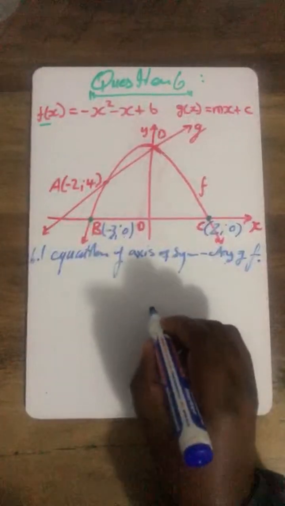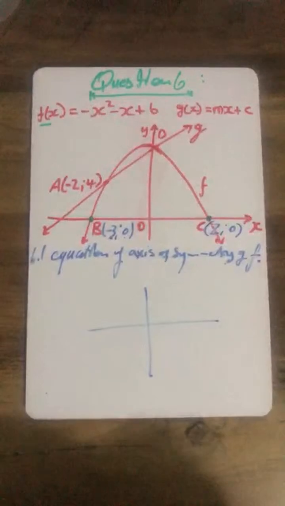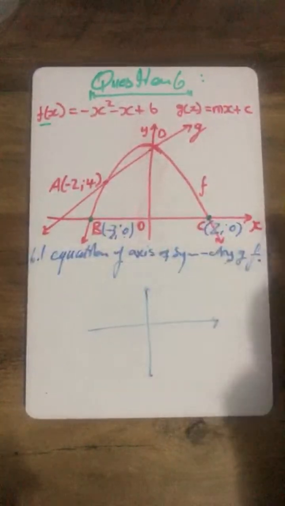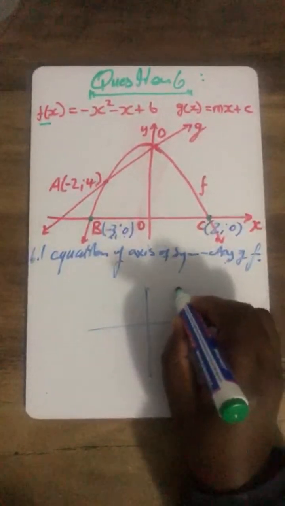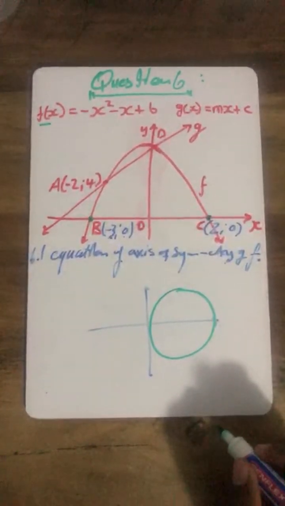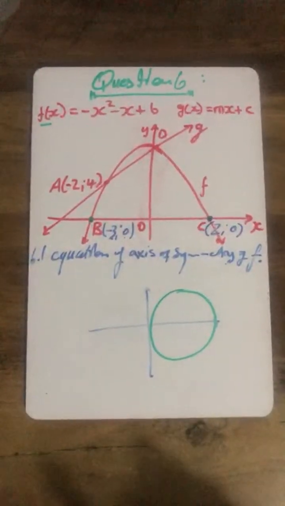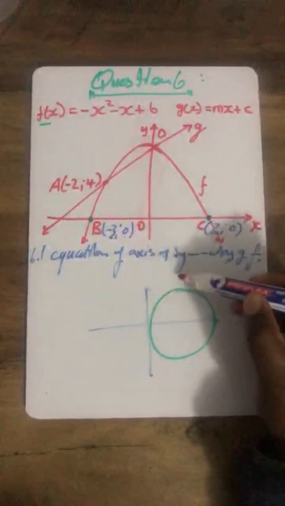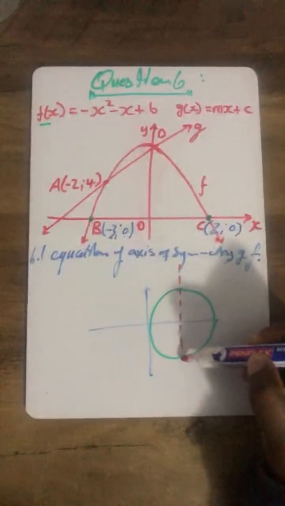Remember that on a Cartesian plane, if for example we had a circle similar to that, and they want an axis of symmetry of that circle, what do I know about an axis of symmetry? I just know that it is the line that cuts the circle into 2 equal halves.